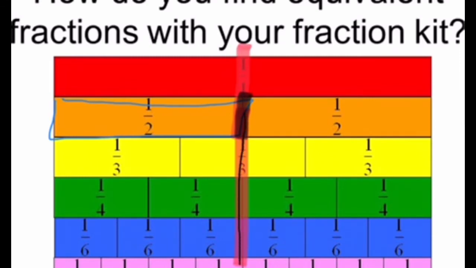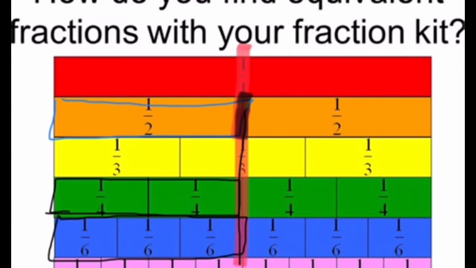And we do, just in this little picture that I've zoomed in on, we have 2 of them. We have fourths, and there are 2 of those, so 2 fourths. And if I look at sixths, they also end on that line, so 3 sixths equal 1/2.